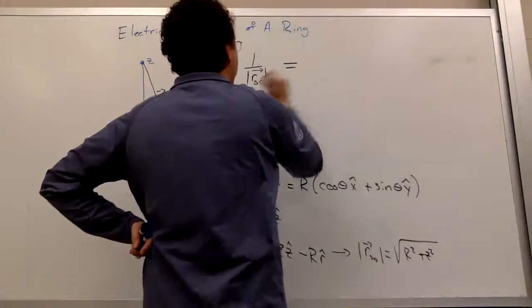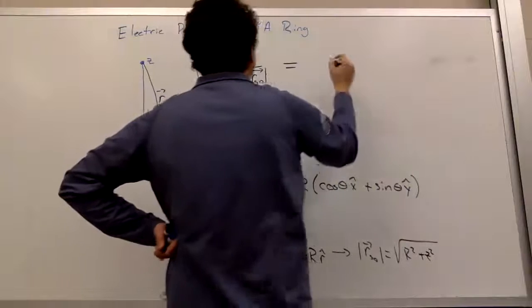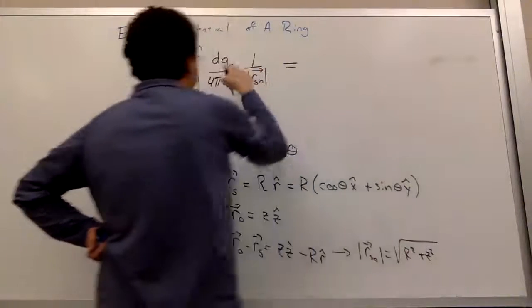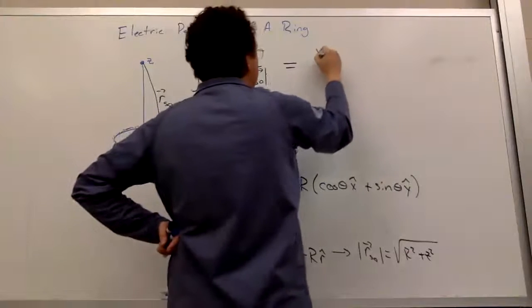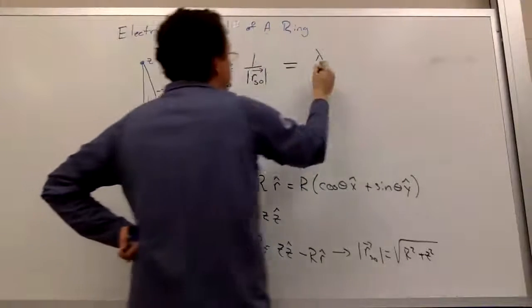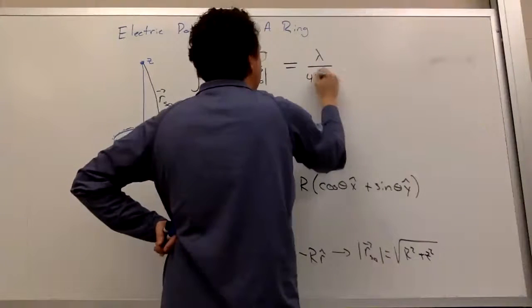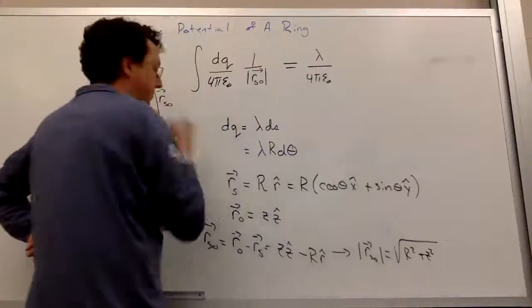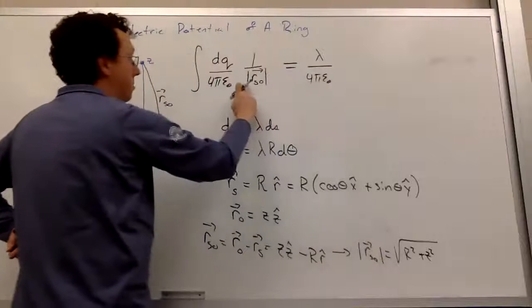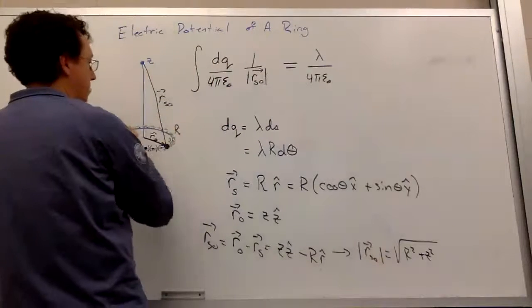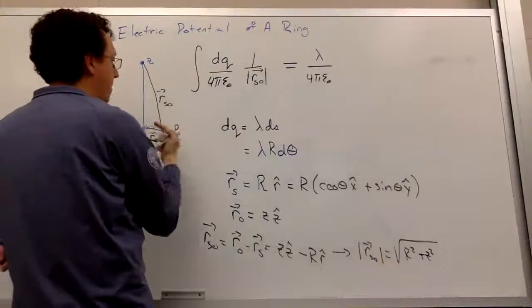So this simply becomes, plugging all this in, lambda we will take to be a constant, so we pull it out. 4 pi epsilon naught pulls out. The magnitude of RSO is a constant because as you go around this circle, it never varies.